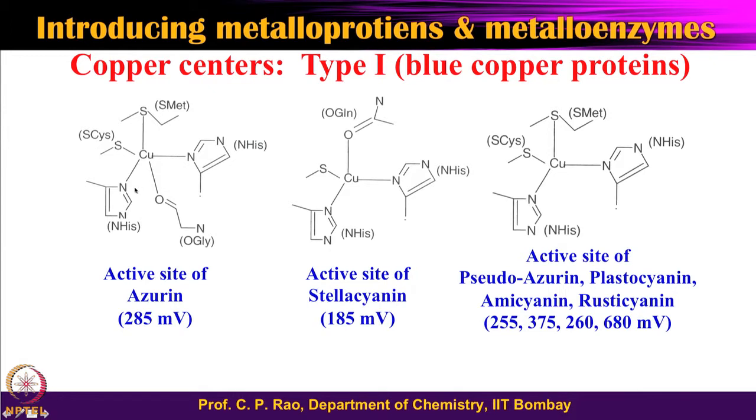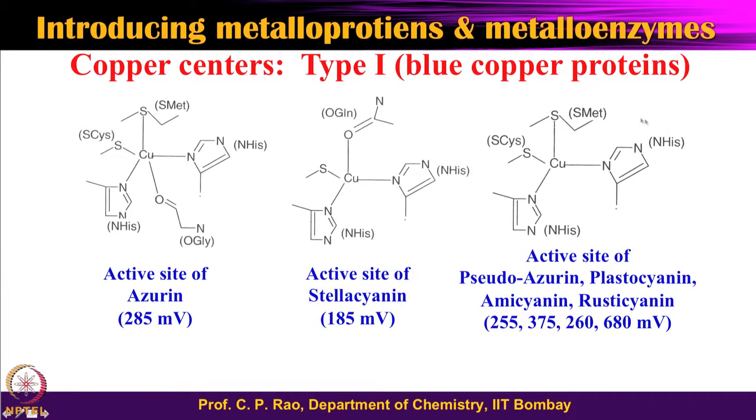Now, you can see one of them here, the active site of that, and the active site of another. What we need to see: the one in the middle has 2 histidines, one S-methionine, and this is the glutamine; and here 2 histidines, one methionine, one cysteine.